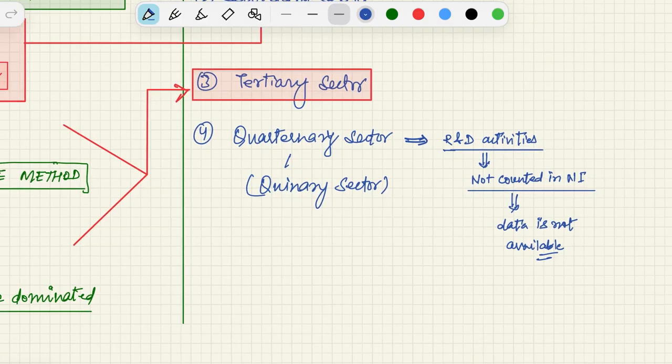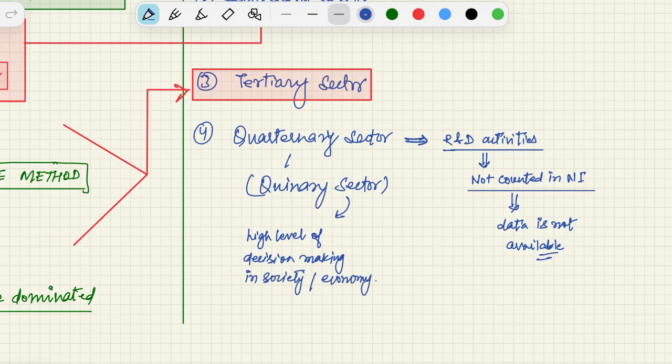Within the quaternary sector I told you there is the quinary sector. So what is the quinary sector? It includes high level decision making in society or in the economy.